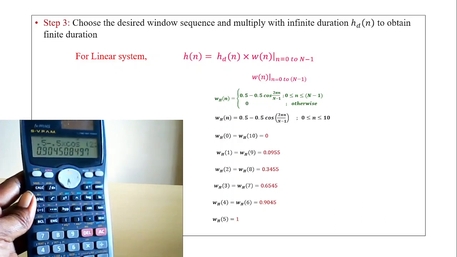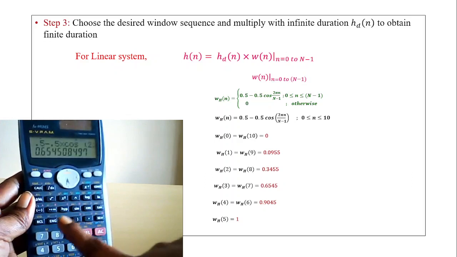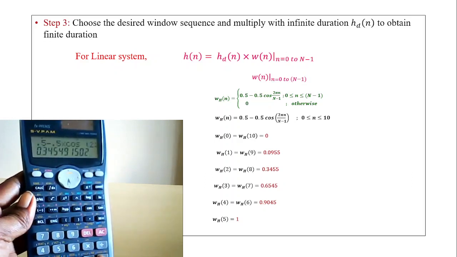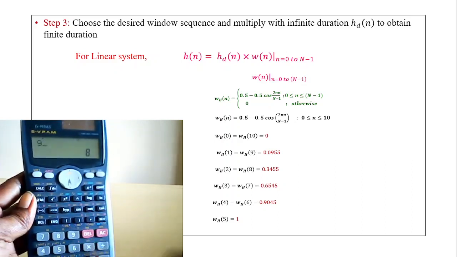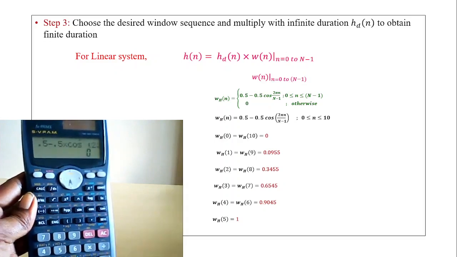It is 0.9045. Calculate 7. It's 0.6545. Calculate 8. It is 0.3455. Calculate 9. It is 0.0955, and calculate 10. The value is 0 again.